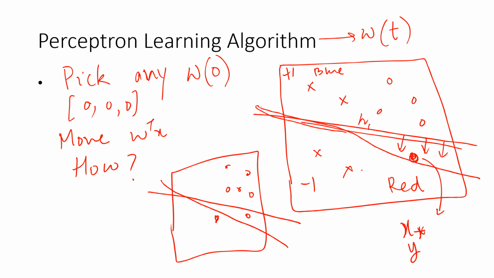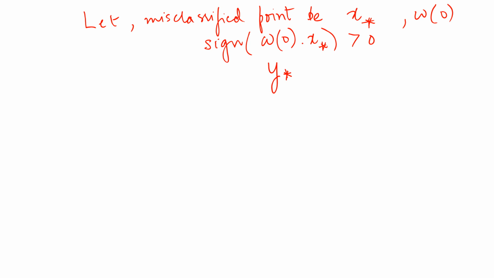So my Y star would be the outcome that's given for this one, right? So basically, I have this misclassified point where I picked some W, which is nothing but my line equation, and did a dot product on that X star. And if I find that this is greater than 0, then obviously Y star must be less than 0. And that's why this was misclassified, right?